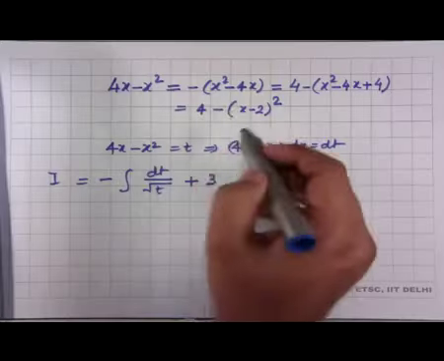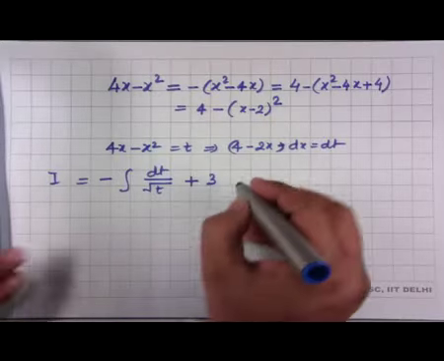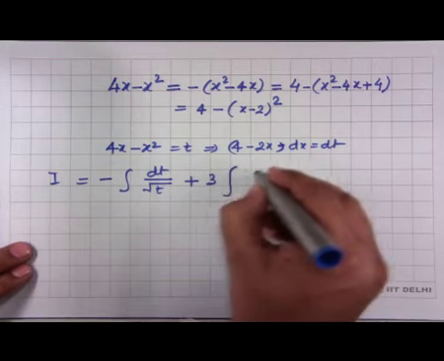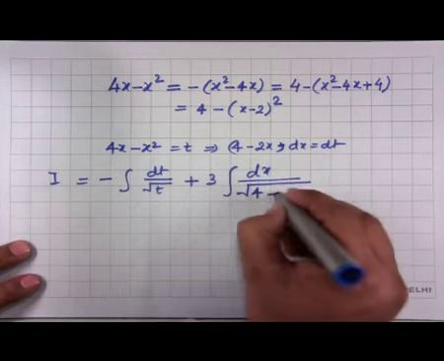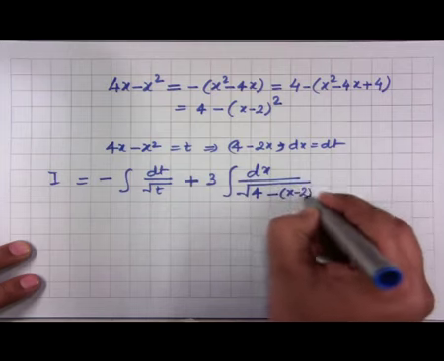So, the term 4x minus x square now converts into the form 4 minus x minus 2 whole square.